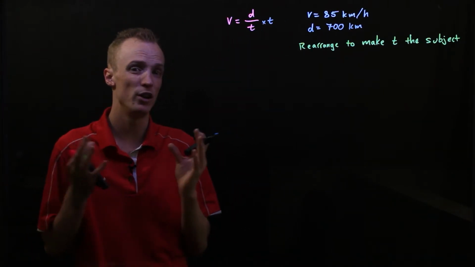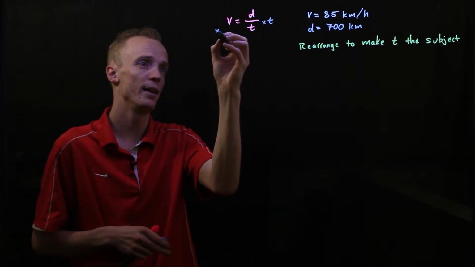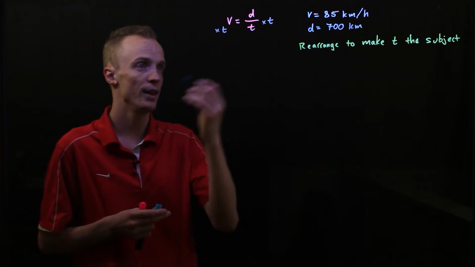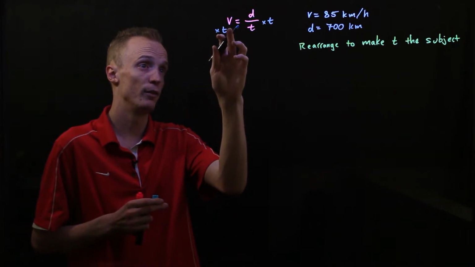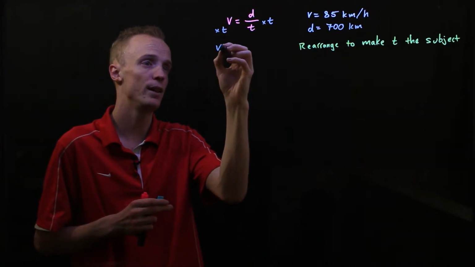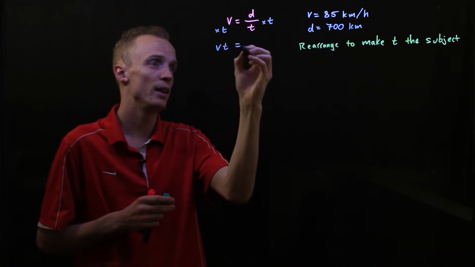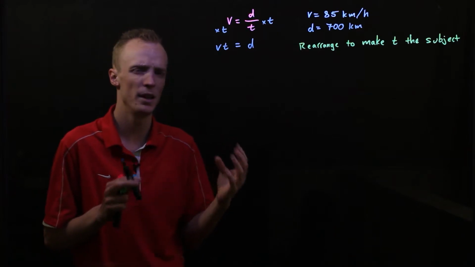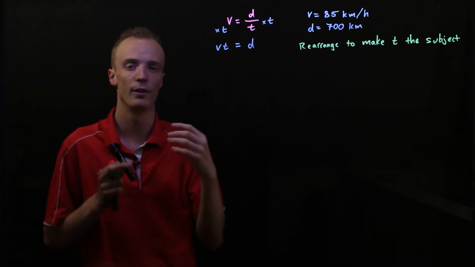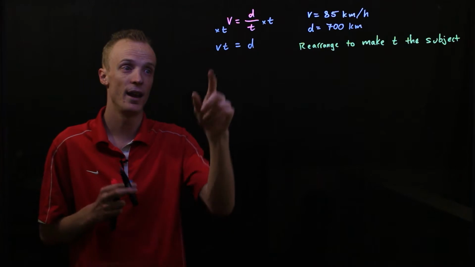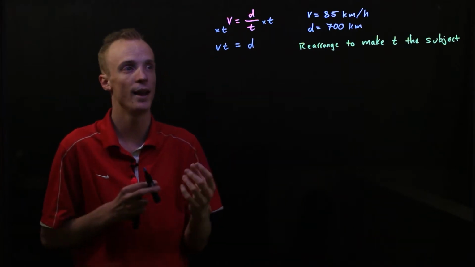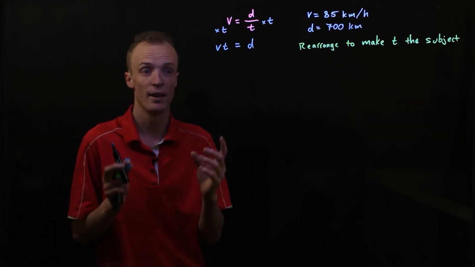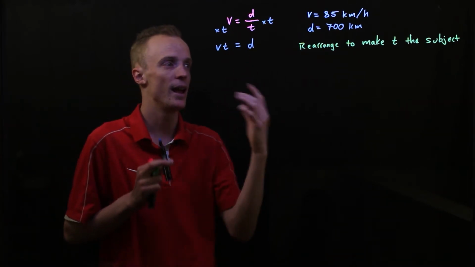But to keep an equation balanced, I'll also need to multiply the other side of the equation, so the left-hand side of the equation, by T. So what that enables me to say is that velocity times T, so Vt, is going to be equal to my distance, or D. So in essence what I'm saying here is if I want to calculate this distance that I've travelled, I can take the average velocity that I've travelled at and multiply it by time, which kind of makes sense. So what I've done now is I've made D our subject.